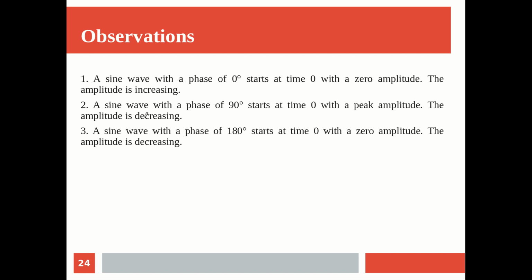For the 90 degree shift, we start with the peak amplitude and the amplitude is decreasing. For the 180 degree shift, we start with 0 amplitude, but the amplitude is decreasing.